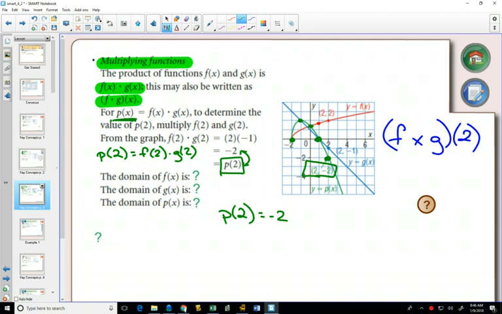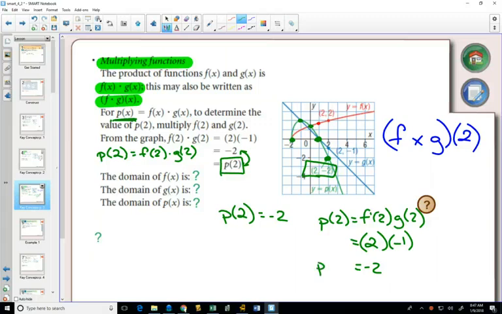Normally what we would probably do if you were showing your work, and I think what you're confused about how it's shown here, is normally you would probably start like this. P of 2 is equal to f of 2 times g of 2. And I know that f of 2 is 2, and I know that g of 2 is negative 1. And this multiplied together is negative 2.